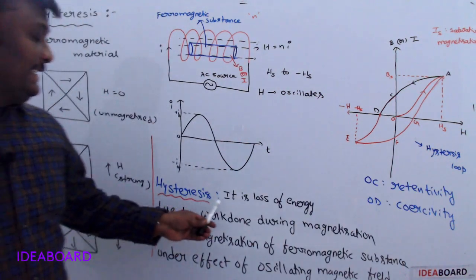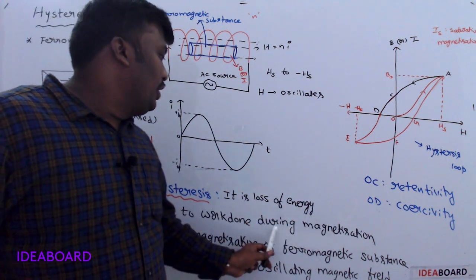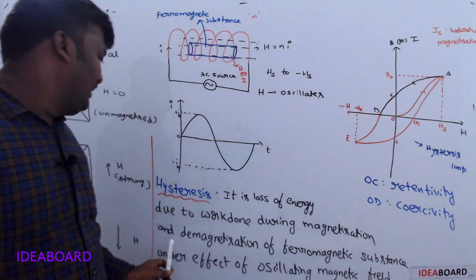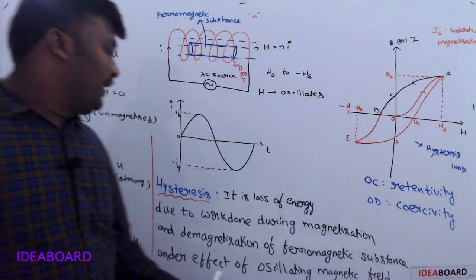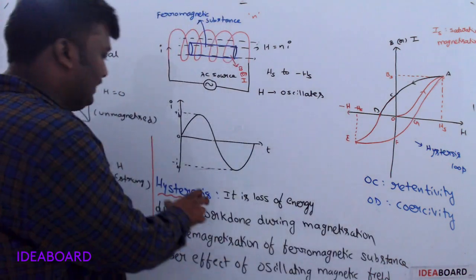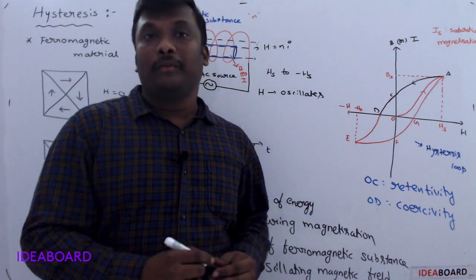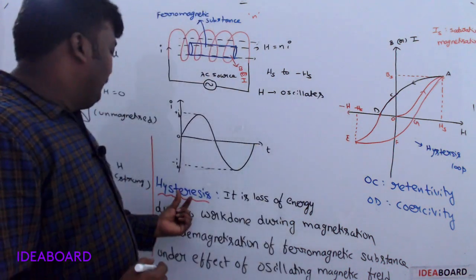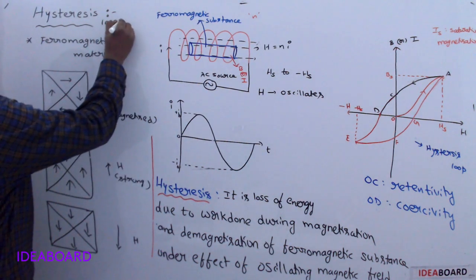Hysteresis is the loss of energy due to work done during magnetization and demagnetization of a ferromagnetic substance under the effect of an oscillating magnetic field. The word hysteresis came from a Greek word, and the meaning of hysteresis is lagging behind.